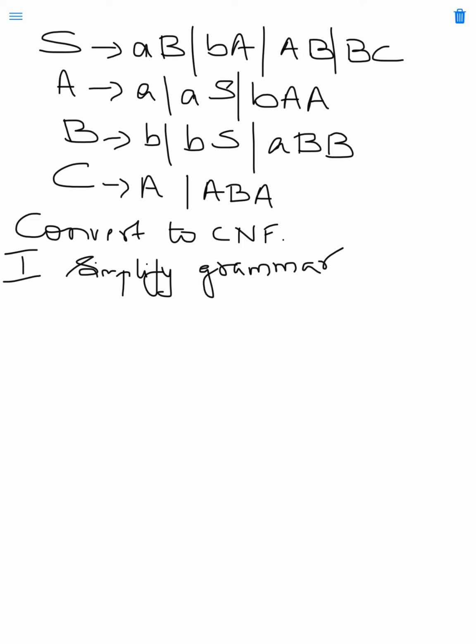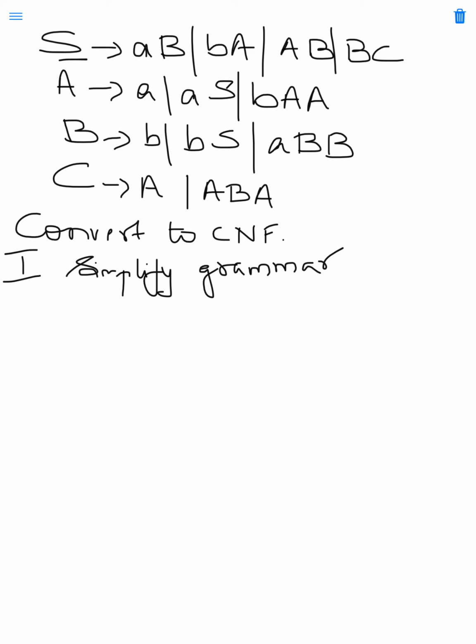So here the grammar doesn't have any useless symbol. All the non-terminals will be deriving some terminal symbols, or in the form of a string it is derivable. So there is no useless symbol. Also from the start symbol all the non-terminals can be used.